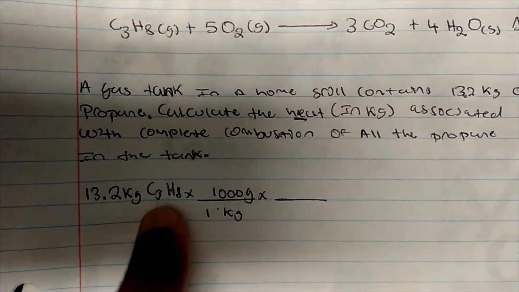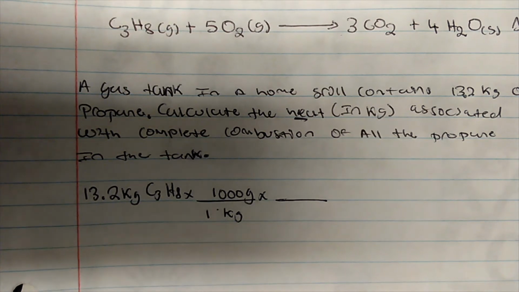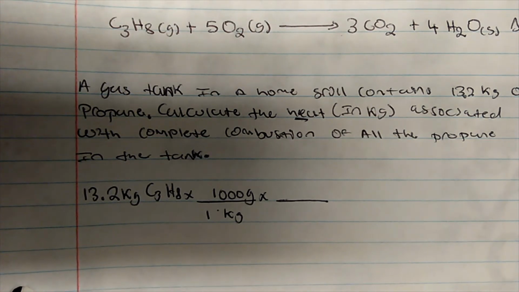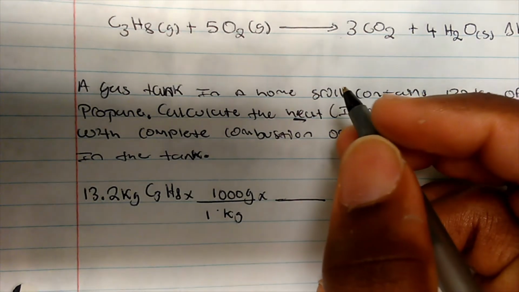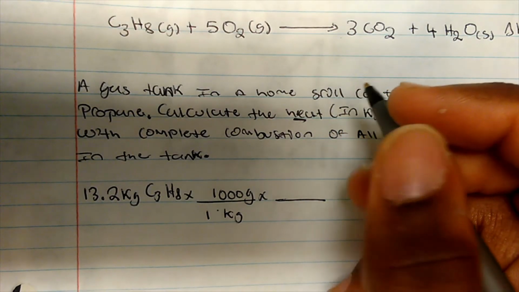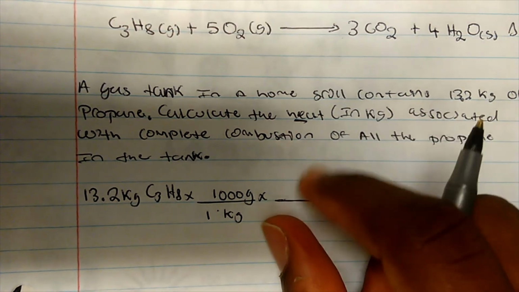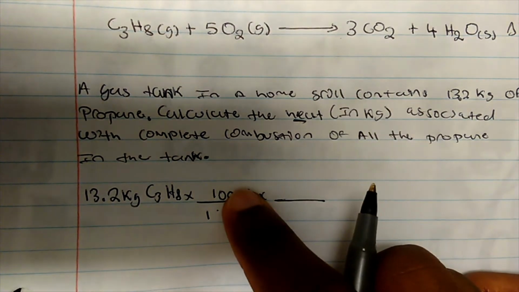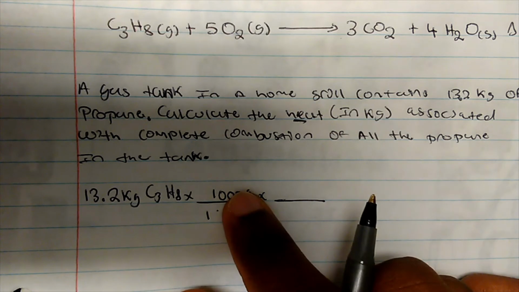So if I look at the molar mass, 3 times 12.011 plus 8 times 1.008, that will give me approximately 44.09.